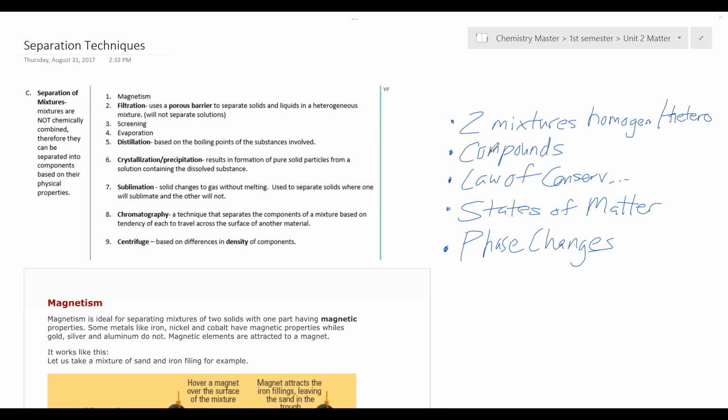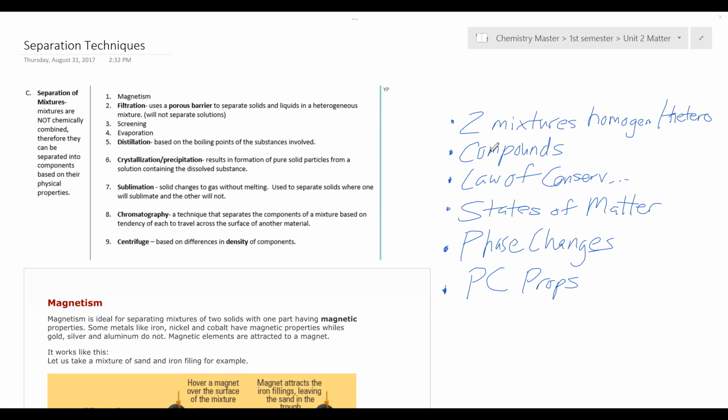All right, what else have we talked about? Jamie, you got something for me? Chemical and physical properties. Yes, thank you. Physical and chemical properties. That's a big hint for something else that somebody could play off of. You said physical and chemical properties.